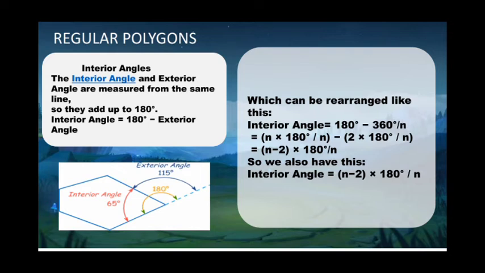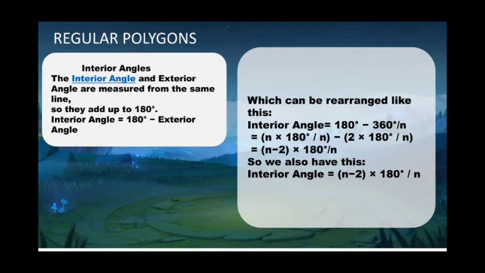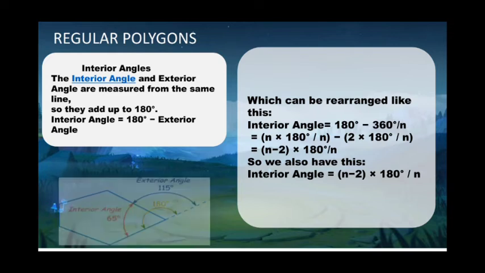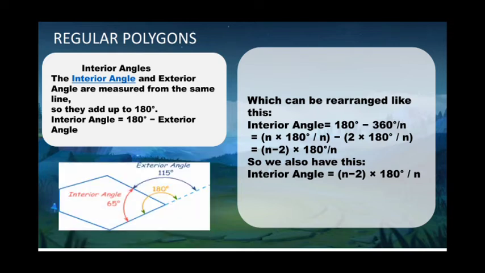So, pwede naman natin yung ma-rearrange. Gaya nito. So, interior angle is equal to 180 degrees minus 360 degrees divided by n. So, (n multiplied by 180 degrees divided by n) minus (2 multiplied by 180 degrees divided by n).